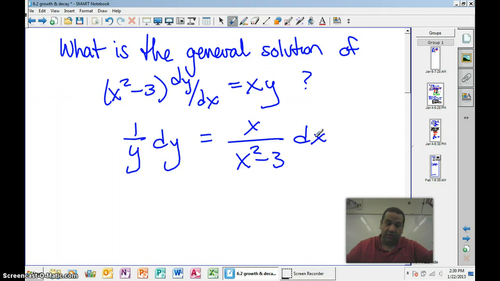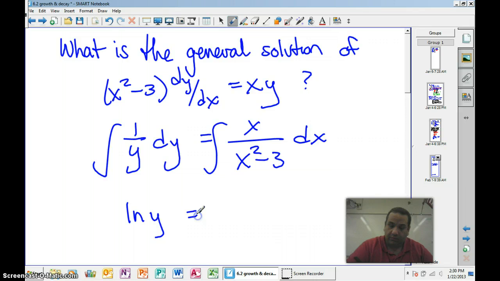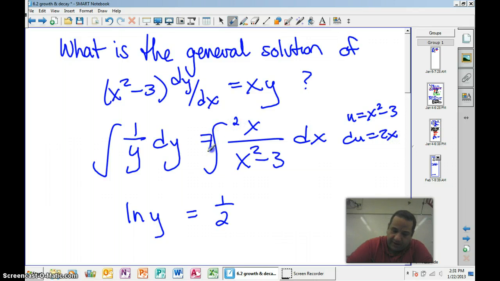Now let me find my paper to work it out. When I take the integral of both sides, this becomes the ln of y equals, well, I have to find out what this guy is. I don't want to sit there and figure it out too much. This guy turns out to be 1/2, because if I set u equal to x squared minus 3, du is 2x, so I have to put a 2 here, 1/2 on the outside.